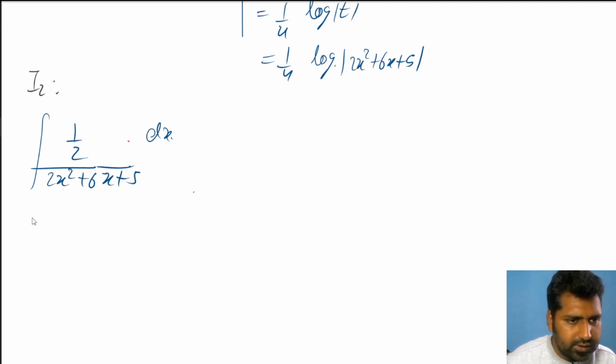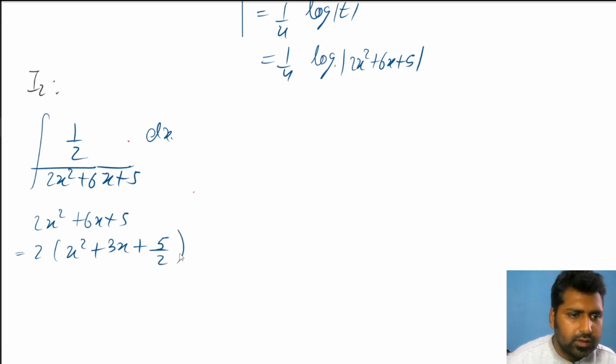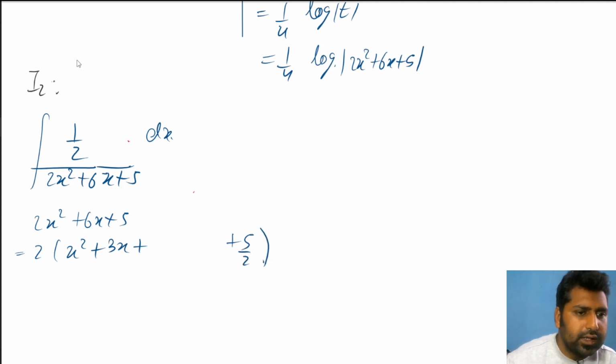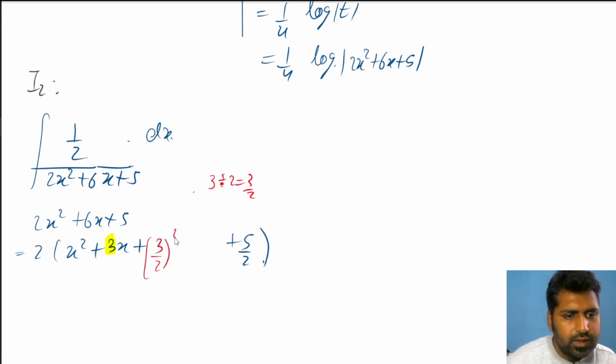The perfect square is from 2x square plus 6x plus 5. I'll take 2 common: x square plus 3x plus 5 by 2. In fact, write the constant with some space. Then the coefficient of x is 3. Take it outside, divided by 2, that's 3 by 2. So that means you have to add 3 by 2 square, and you have to subtract 3 by 2 square.